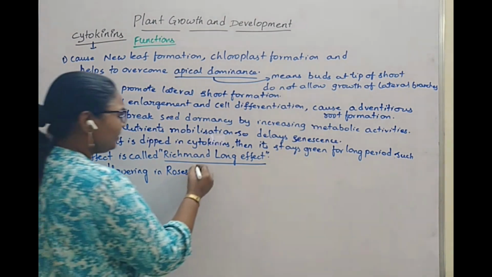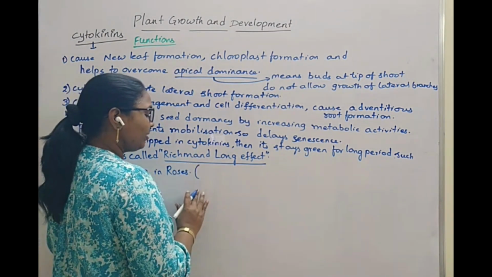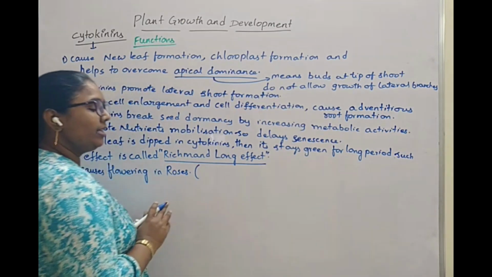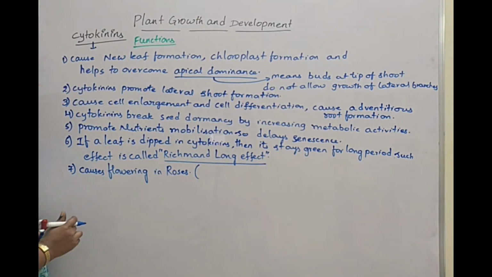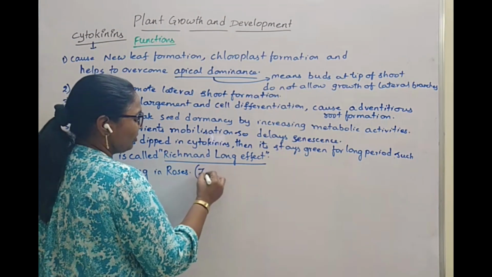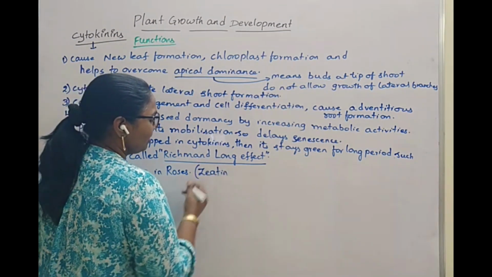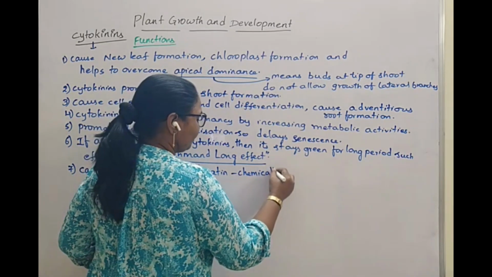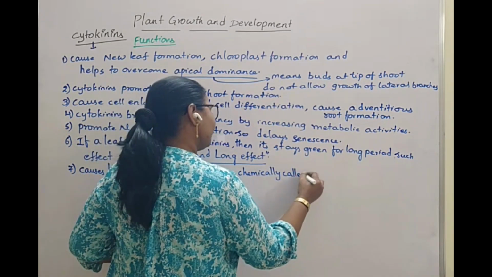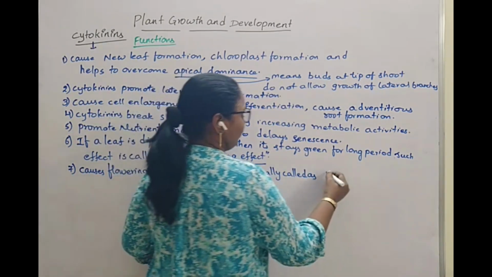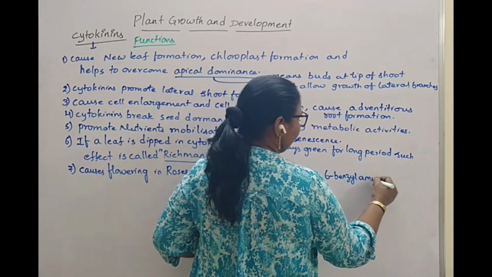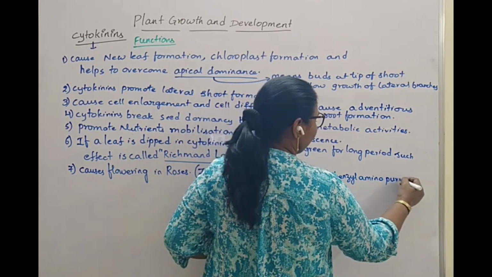Next, the natural cytokinin here can be zeatin also. Zeatin is chemically called 6-benzyl aminopurine. So we'll write that point also.